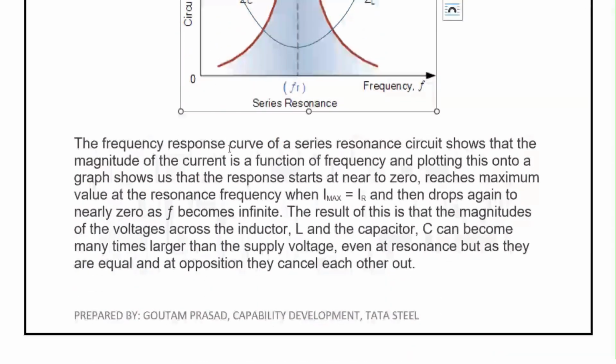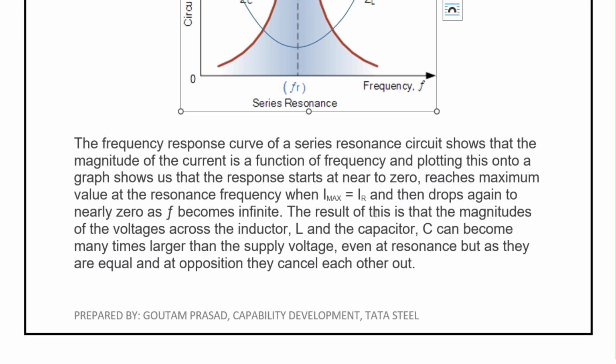The frequency response curve of the series resonant circuit shows that the magnitude of the current is a function of the frequency, and plotting this onto the graph shows that the response starts at near zero value and reaches the maximum value at the resonant frequency, I max equal to IR, and then drops again to nearly zero as f becomes infinite.